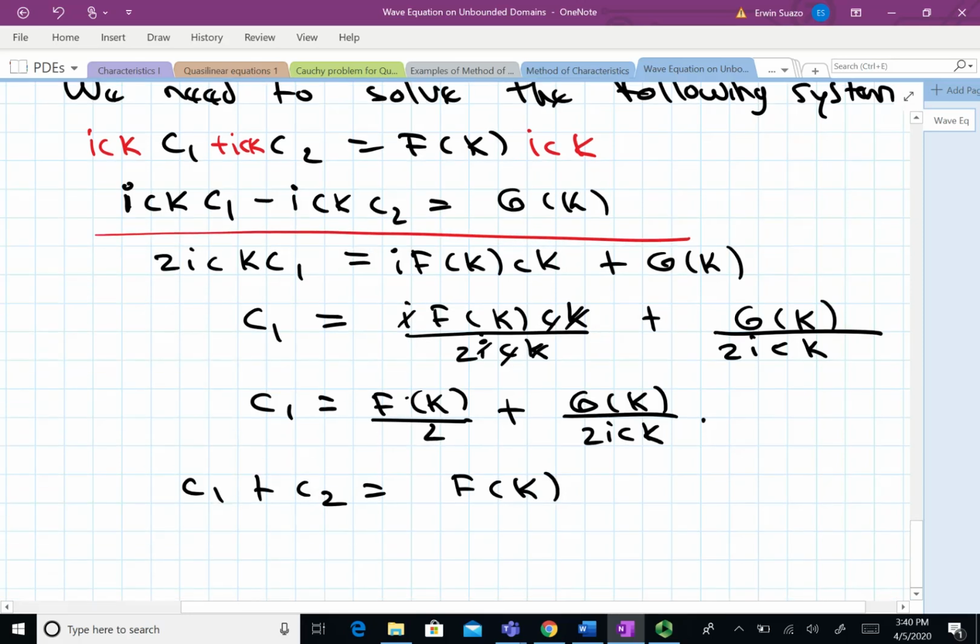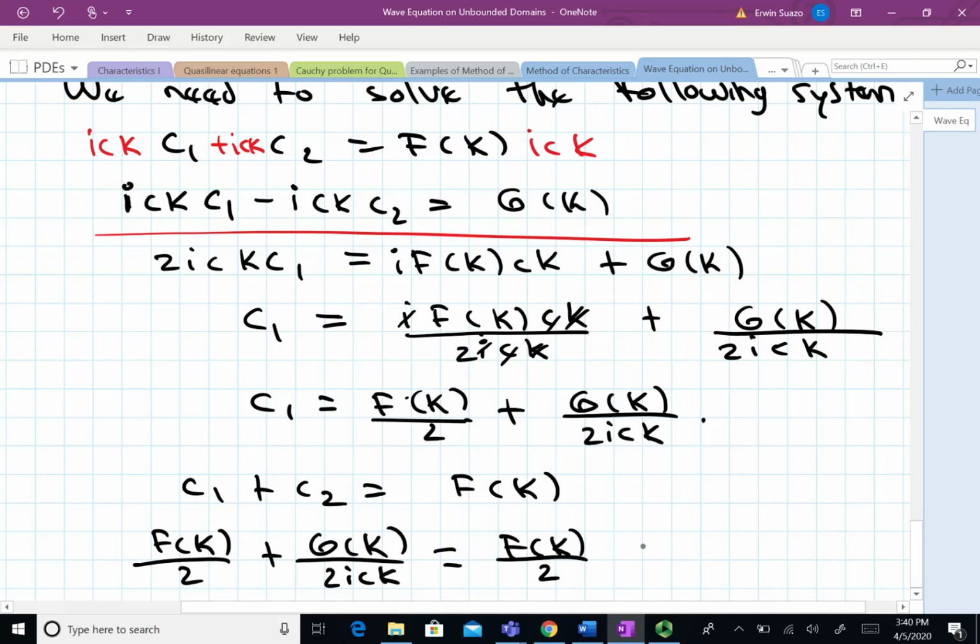So C1 is all these terms, so I'm going to replace it. I'm just doing it so you don't feel afraid of these complex numbers.